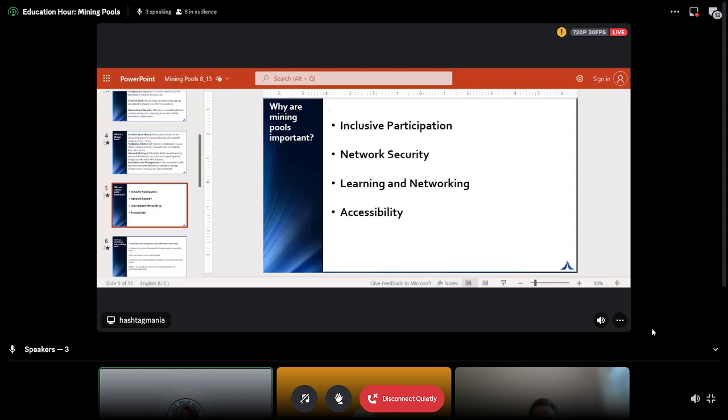So doing more of these types of interactions, learning more and getting more connected with the pools, is important. And then accessibility goes in line with being inclusive, making it accessible to anybody to participate, without huge infrastructure costs or responsibilities behind it.